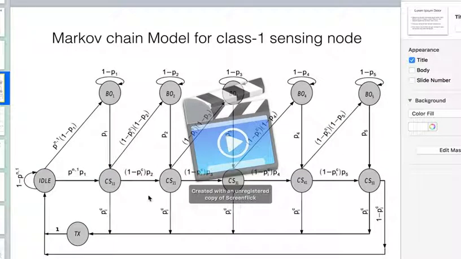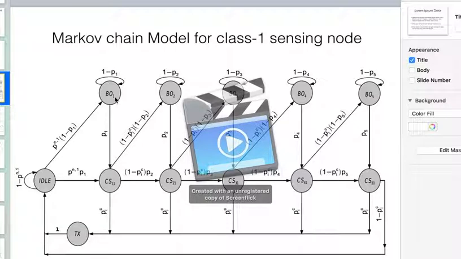According to this picture, the model for class 1 nodes, the node leaves the idle state when it receives a packet for transmission with the probability of Pn1, and then it will go to the backoff stage 1.